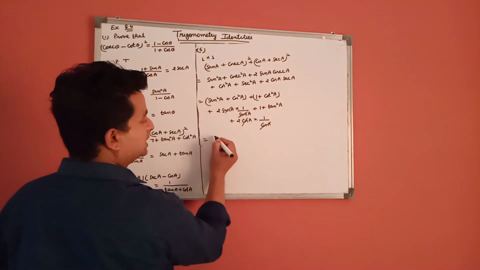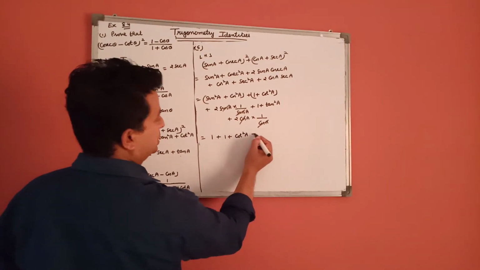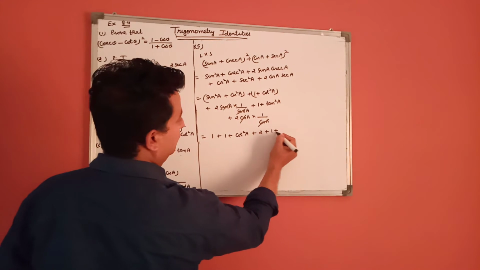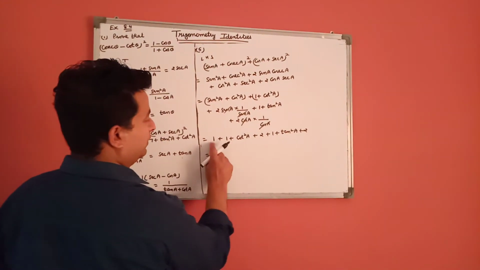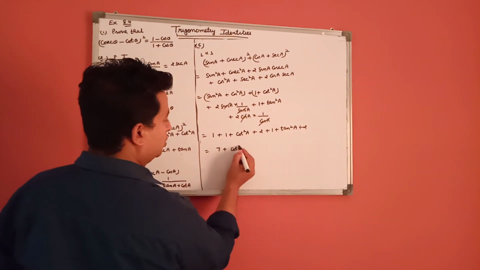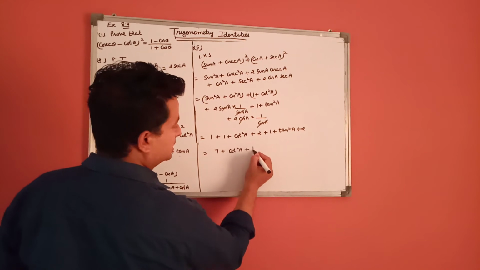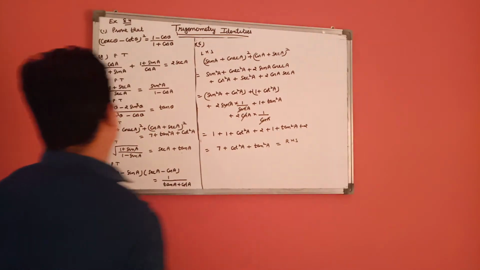As we know, sin square A plus cos square A is 1, so we get 1 plus cot square A plus 2, 1 plus tan square A plus 2, which is 7 plus cot square A plus tan square A. This is the right hand side of this question.